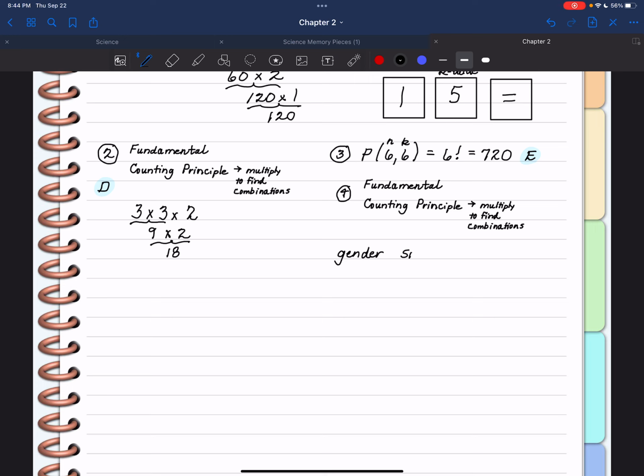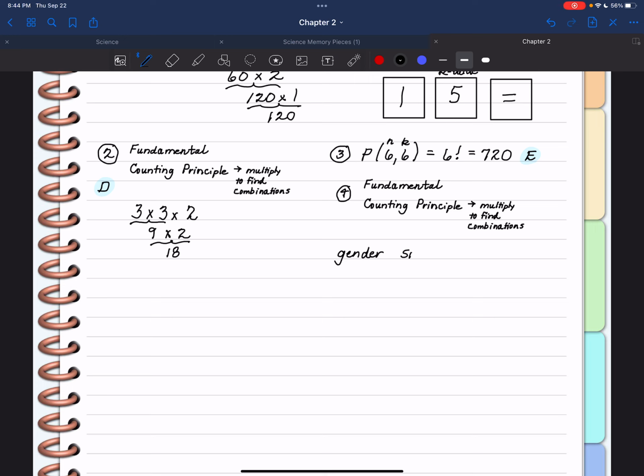So in this case, gender is male, female, so there are 2. That's called a binary number. Size is small, medium, and large, so we have 3 choices. Material is cloth, metal, or plastic. And color is black, green, or ivory.